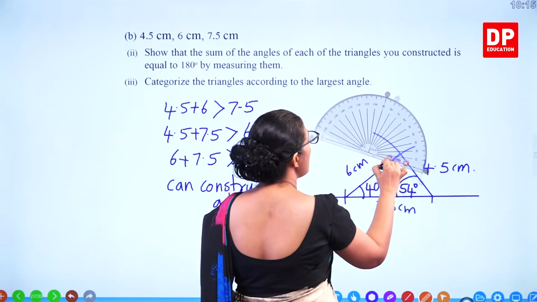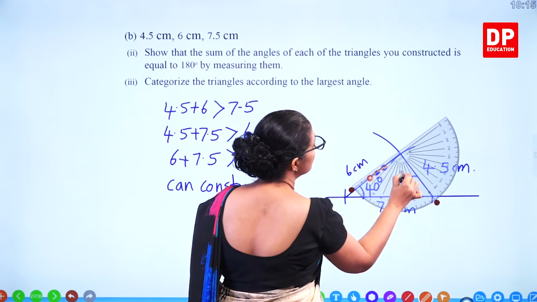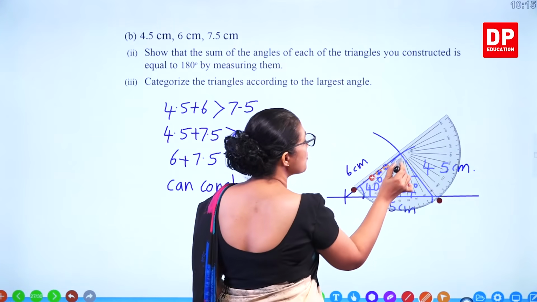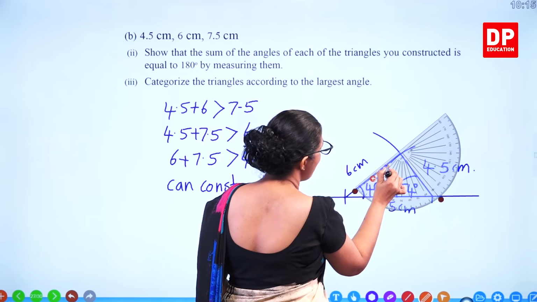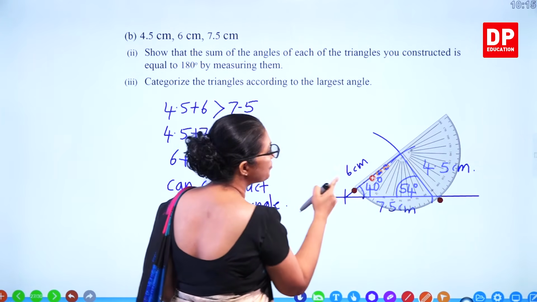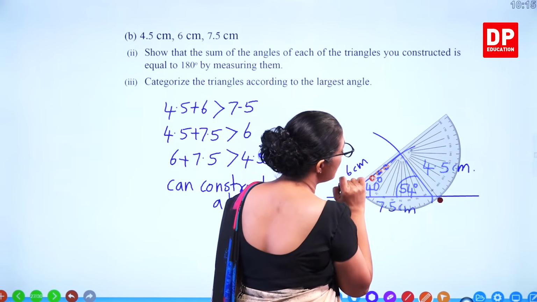Now we'll measure the other angle. You have to measure it properly here. What's the angle there? So you get from here 86.